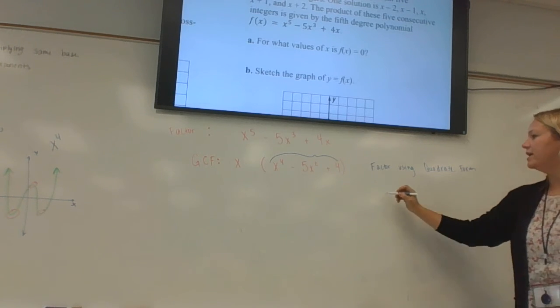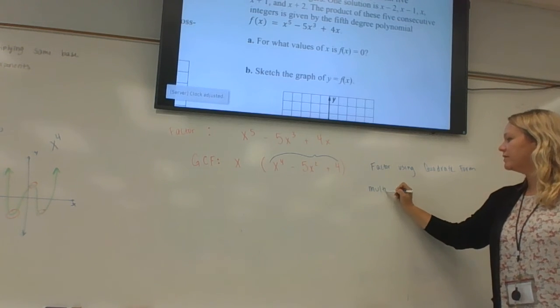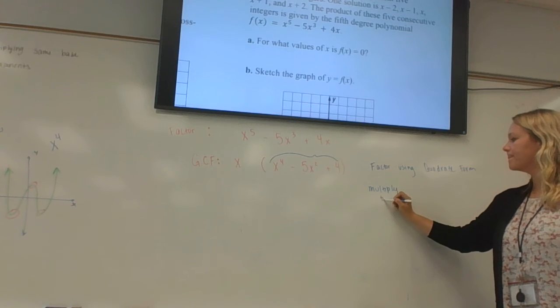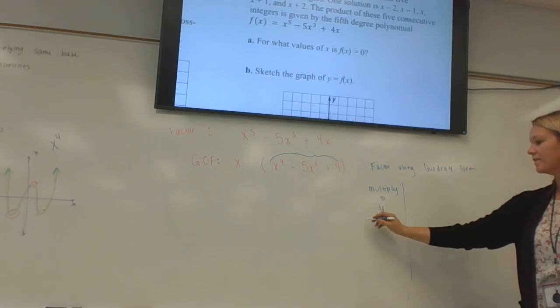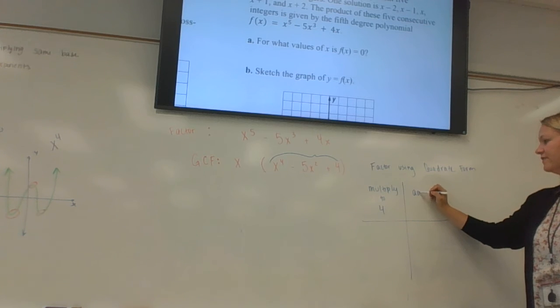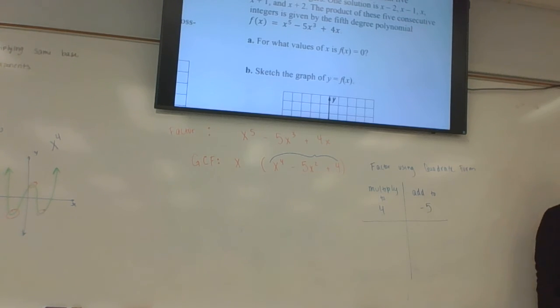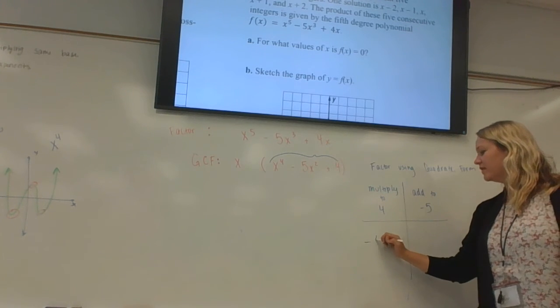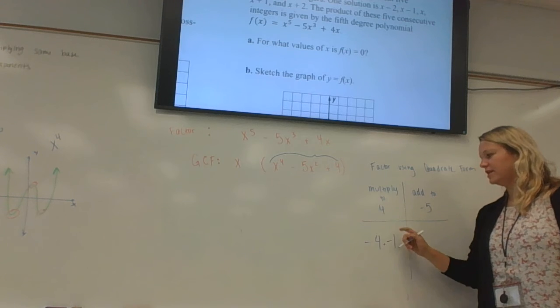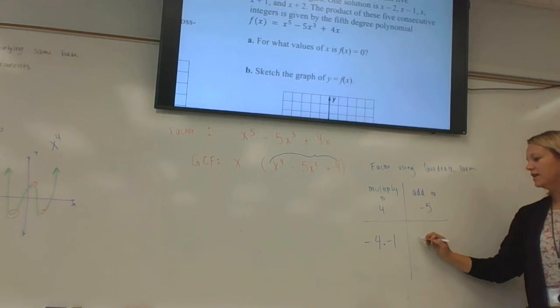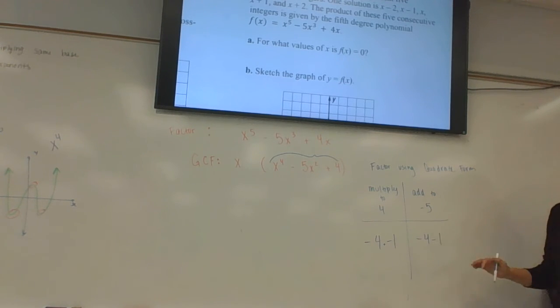So what I mean by that is what multiplies to 4 and adds to -5. -4, -1. -4 times -1 is +4, and -4 minus 1 is -5.